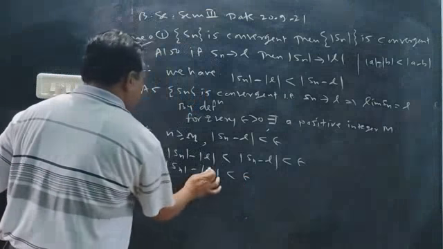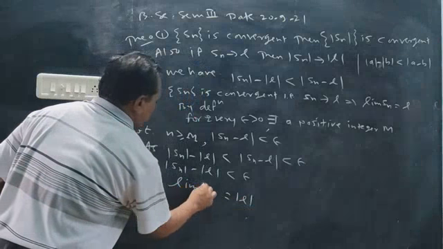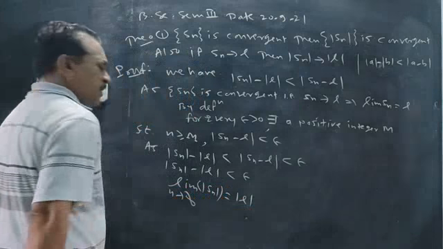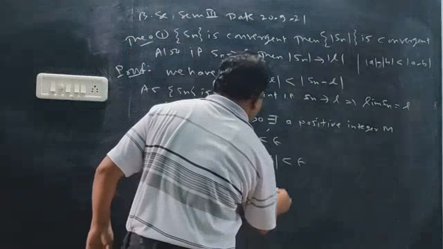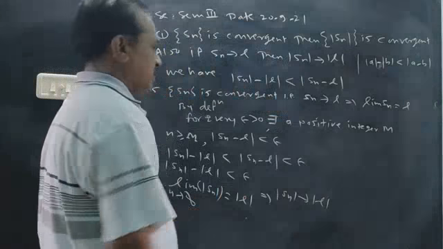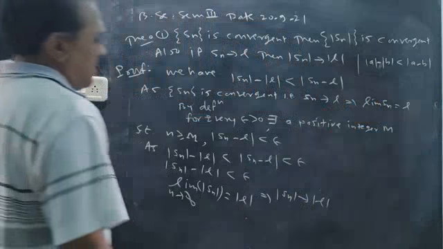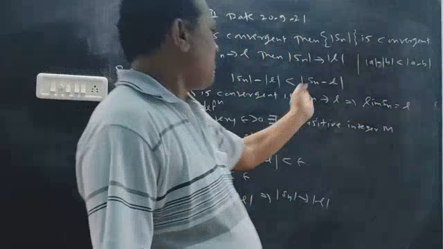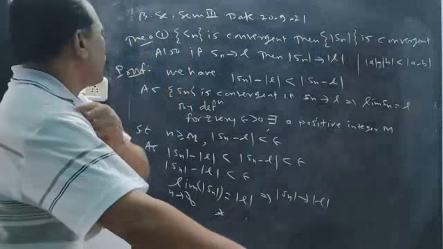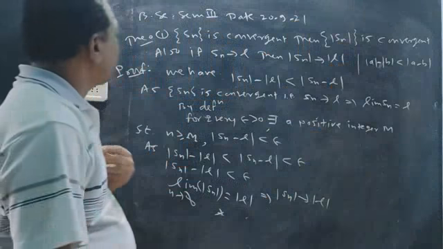That means mod of L is the limit of the sequence mod of Sm, or mod of Sm converges to mod of L. If Sm converges to L, then mod of Sm also converges to mod of L. So it's a simple theorem.